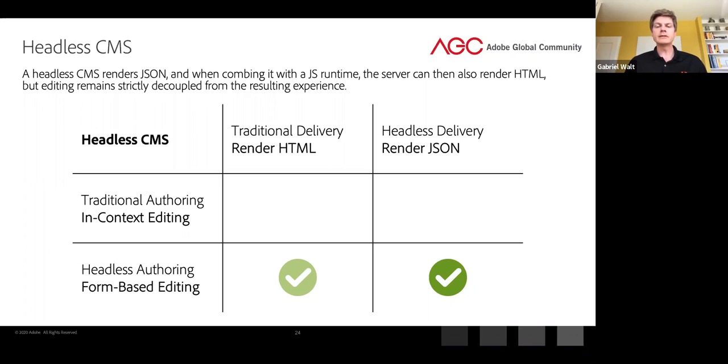If we have a node instance somewhere that is rendering our JSON, that could be possible. It's additional work, but a lot of stacks provide that out of the box nowadays. So you can have HTML delivery even if you go for a headless CMS. But what we really lose in a headless CMS is in-context editing.